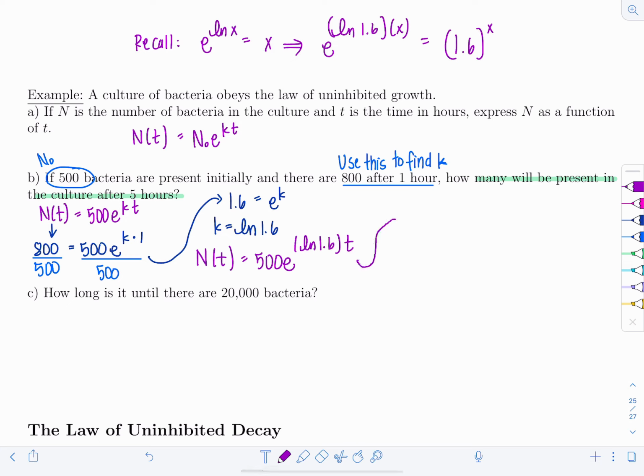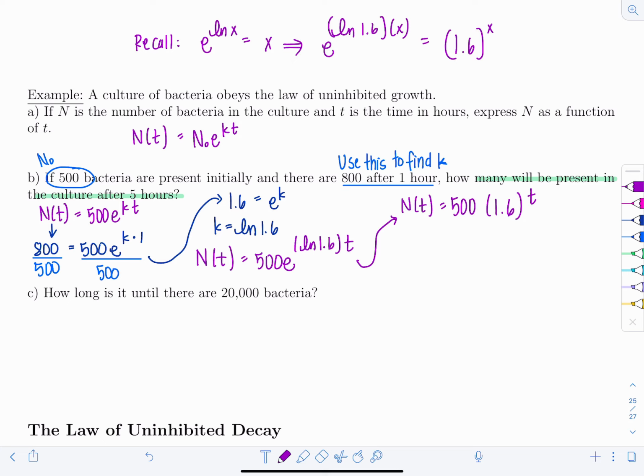Oh, okay then. That means I can write this model now as n of t equals 500 times 1.6 raised to the t. So now the base is 1.6 instead of e.